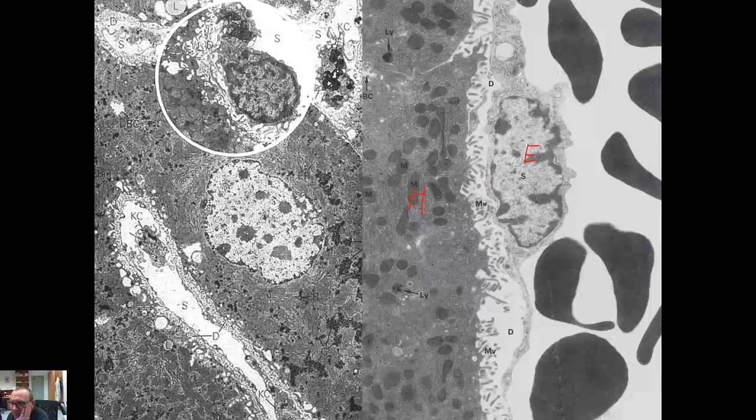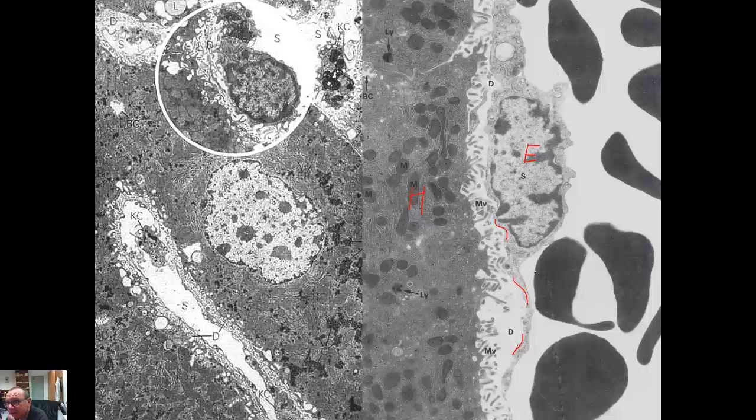Sometimes there can be some remnant of basal lamina, but unfortunately I don't see any in this picture, but theoretically there can be some fragment of basal lamina here or here, which doesn't play a role in the intimate contact of the blood and hepatocyte.